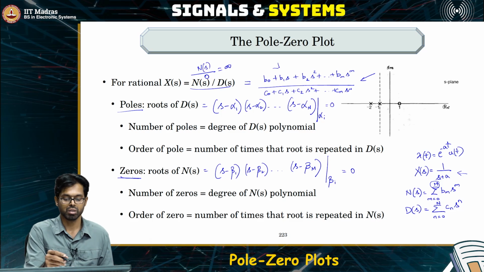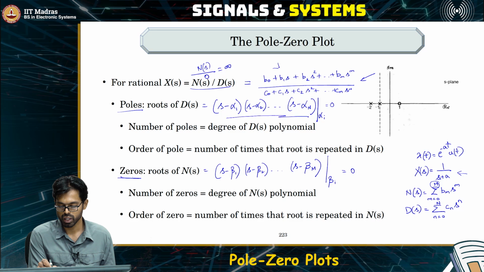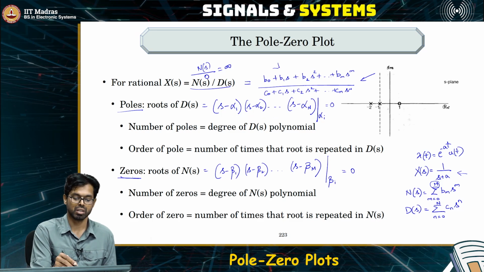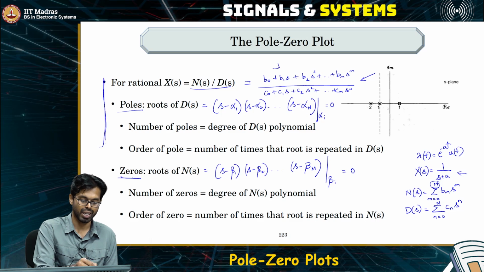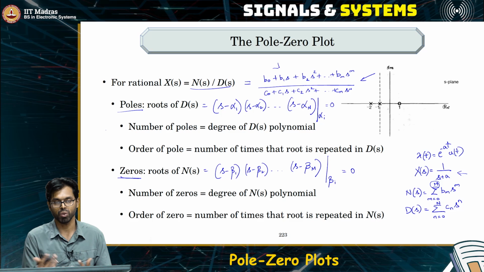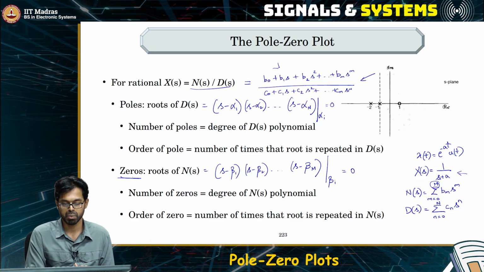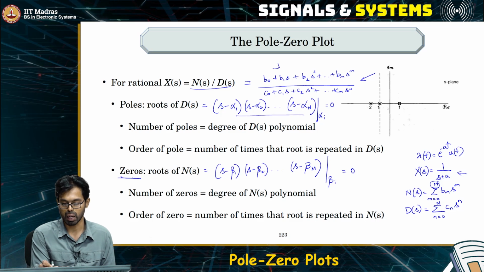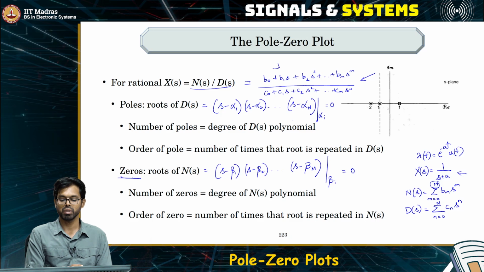So at the roots of the denominator polynomial, the Laplace transform is going to infinity. It's just rising up like this, and hence the term pole. In the graph it looks like a pole, so it's called a pole. So how many poles would exist for such a Laplace transform? Obviously it has capital N roots, which means at all those points it will become infinity.